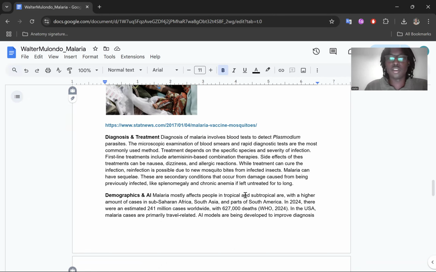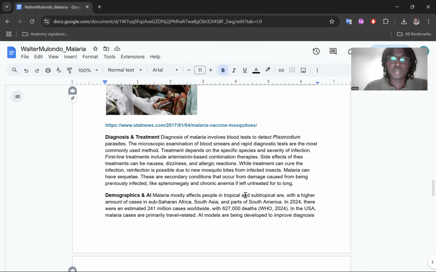Treatment depends on the specific species and the severity of the infection in the patient. First-line treatments include artemisinin-based combination therapies. Side effects of these treatments can be nausea, dizziness, and allergic reactions, which the person could likely be feeling beforehand.